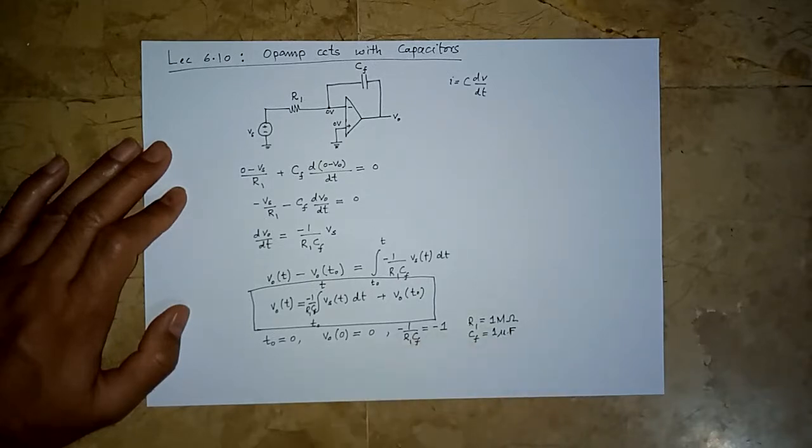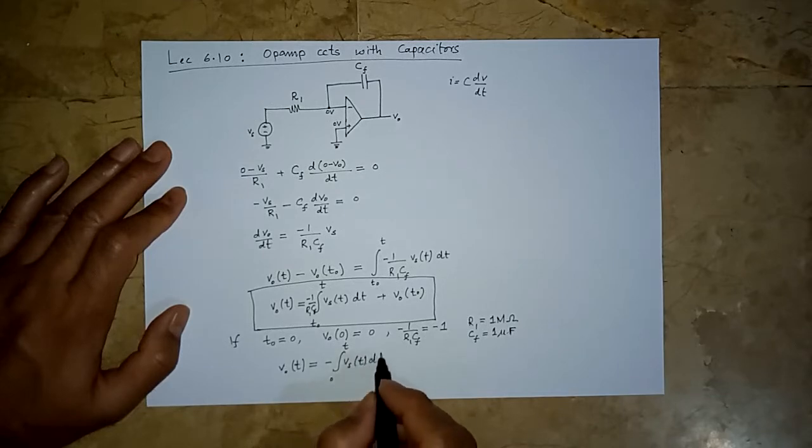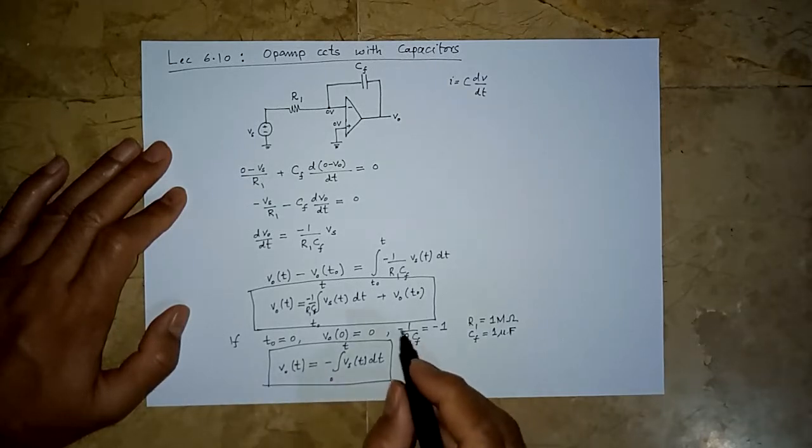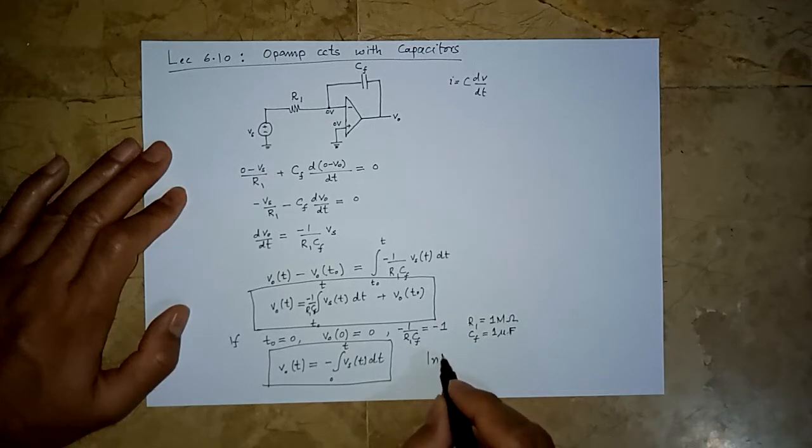So 1 over 1 is 1, minus 1. Then we will get v naught of t to be equal to the negative of an integral from 0 to t of Vs. The input has been integrated and inverted to find the output. This is something known as an integrator. So this is an integrator circuit.